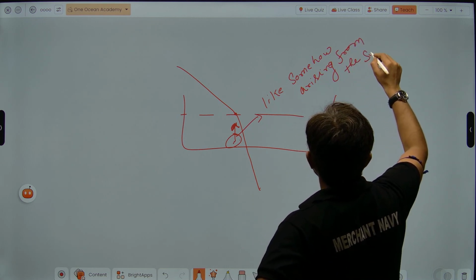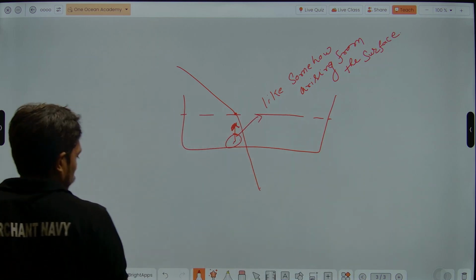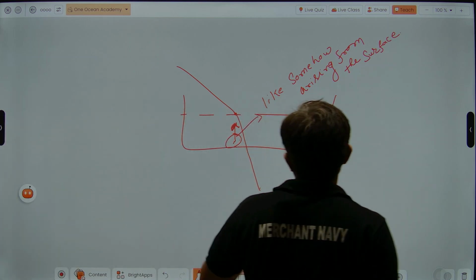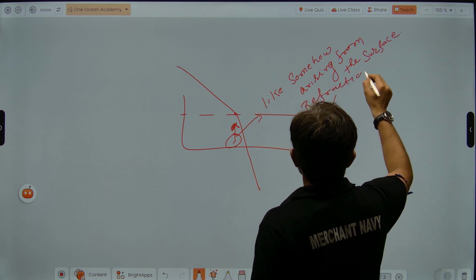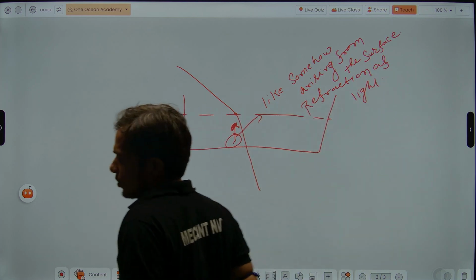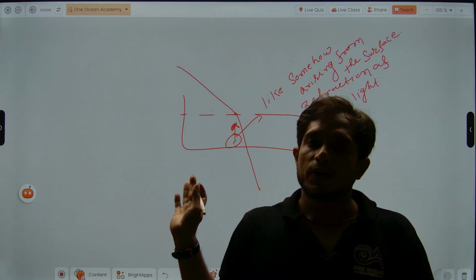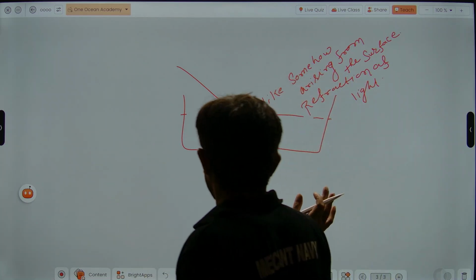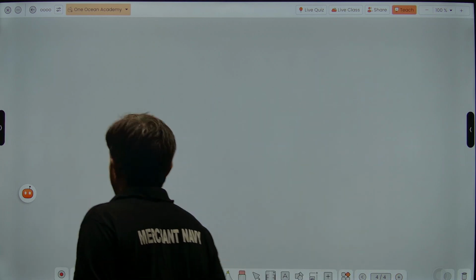This is also due to the refraction of light. Now we will do some questions from refraction of light, with some numericals, and after that we will be able to complete this topic.